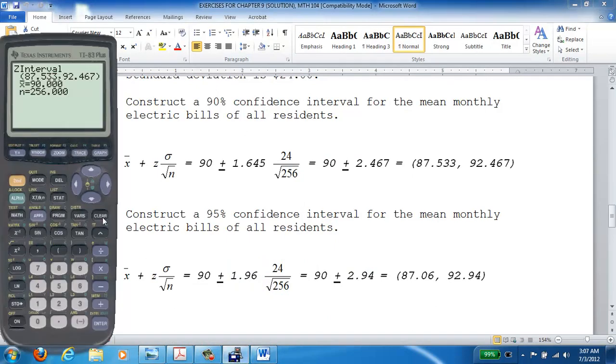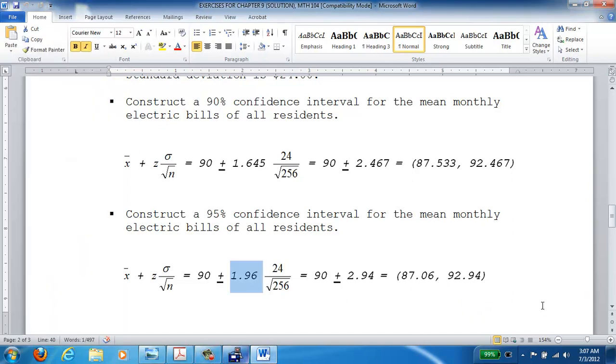Let's go back to the calculator. Stat, tests, and the only thing that I will change will be the confidence level. I will make it from 90% to 95%. And click calculate. 87.06 to 92.94.